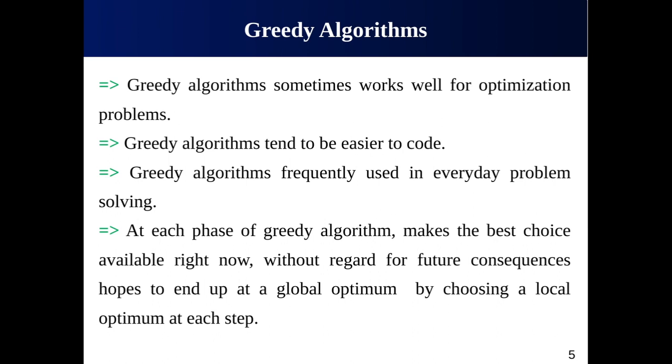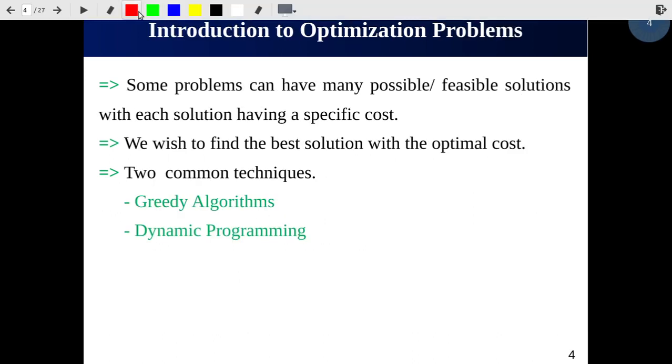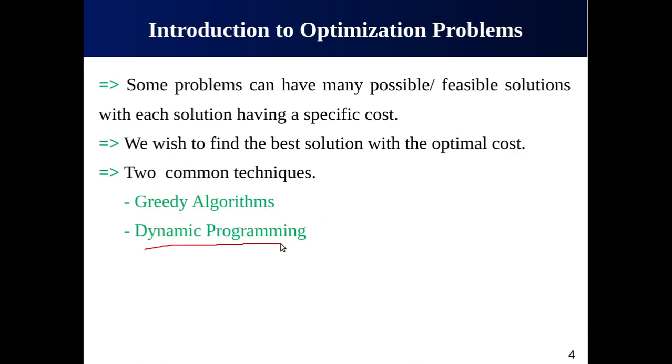But first, let us see what the dynamic programming approach is. As I just mentioned, we have two different techniques available for optimization problems. The first one is the greedy algorithm, which is going to be the focus of this presentation, and the second approach is known as dynamic programming. The dynamic programming concept was introduced in the 1950s by Richard Bellman.